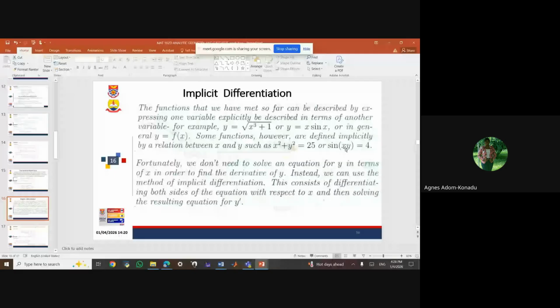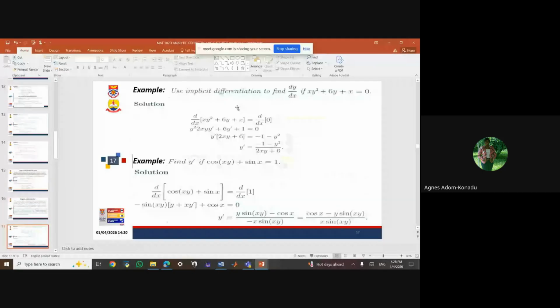Some of them we cannot define y in terms of the other, but they are expressed another way. When it comes like that, fortunately, we don't need to solve the equation for y. We don't have to make y the subject, but we can differentiate by using what we call implicit differentiation.